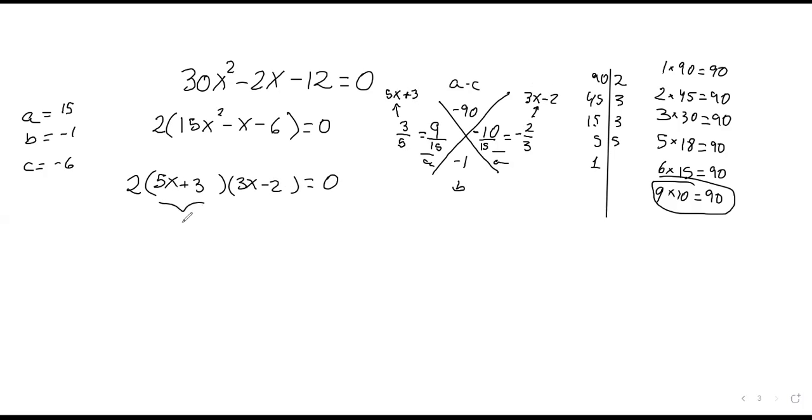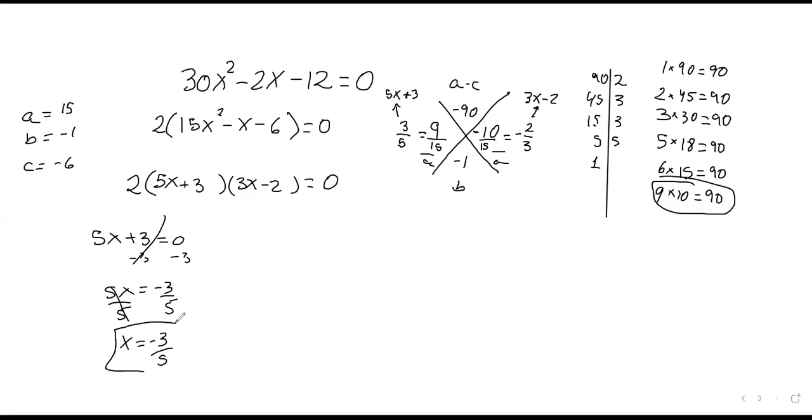And our answers will be the numbers that make this expression equal to 0. So 5x plus 3 equal to 0: 5x equal to -3, divide by 5, x equal to -3/5. That, if you see, is the number that you have here, but just changing the sign.